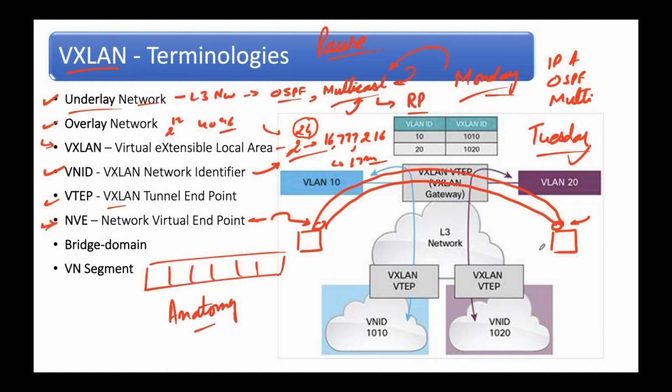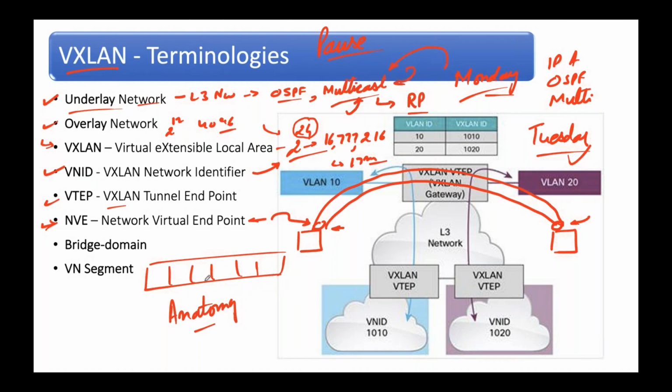This is something new which I didn't tell you earlier, but very important in terms of our configuration. Not all, but significant VXLAN configuration for establishing the tunnel is done on this interface.